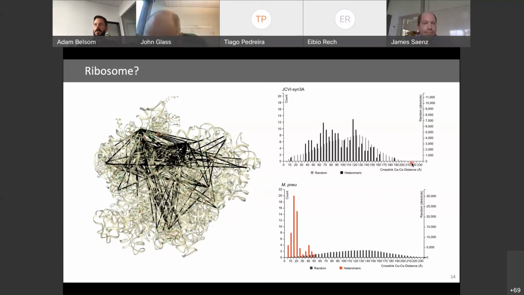With this analysis, it's a much deeper analysis. At the moment it's 3 times more heteromeric links than we got with Mycoplasma.